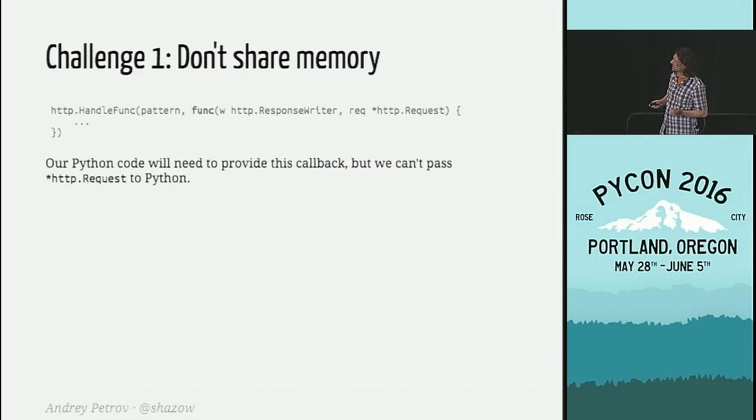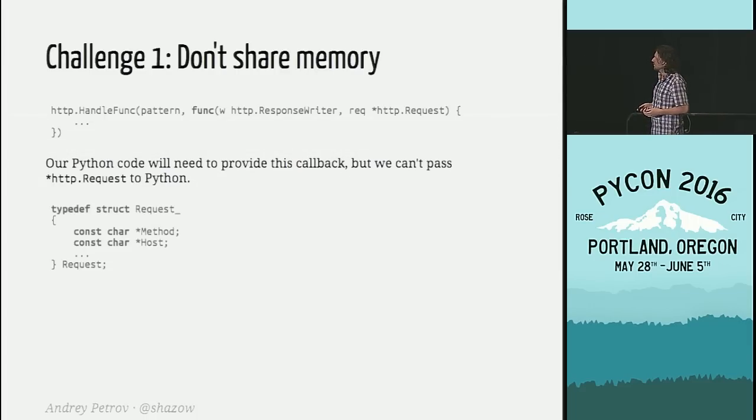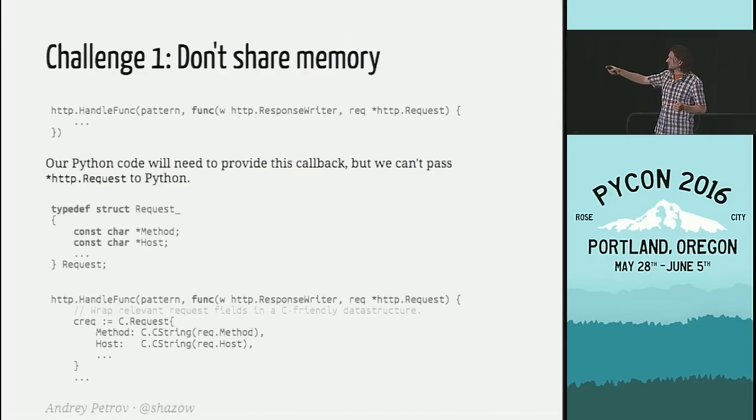And the way we're going to do this, remember, we register this handle function, and this takes two parameters. The second one, the request, is just like a blob of information about what the request looks like. And we're going to make a C-friendly data structure here, which is just the information we need, and we're going to copy things into it. So we're going to copy the method, the host that called it, and whatever else we want to include.